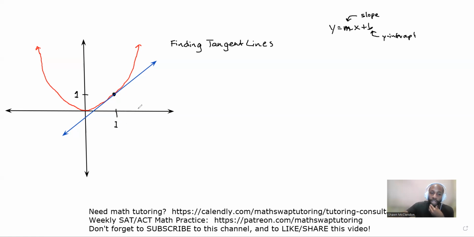Say that, okay, if this is 2, and this isn't the best drawing, so you're going to have to bear with me and use your imagination. So say, for example, that we were to choose a point nearby on the curve to approximate where the tangent line is.